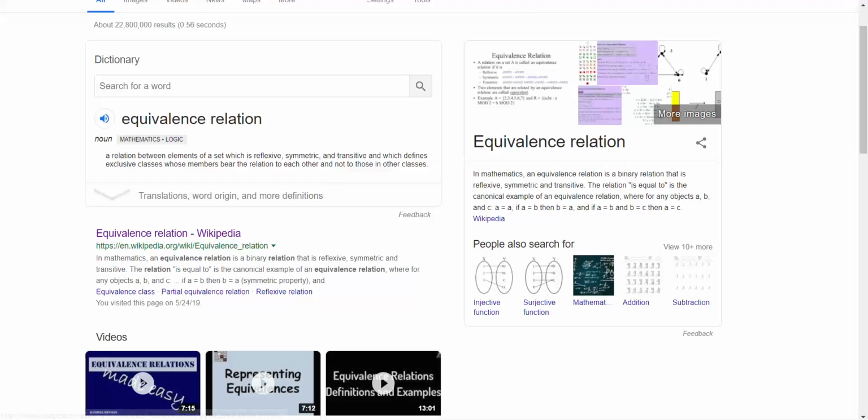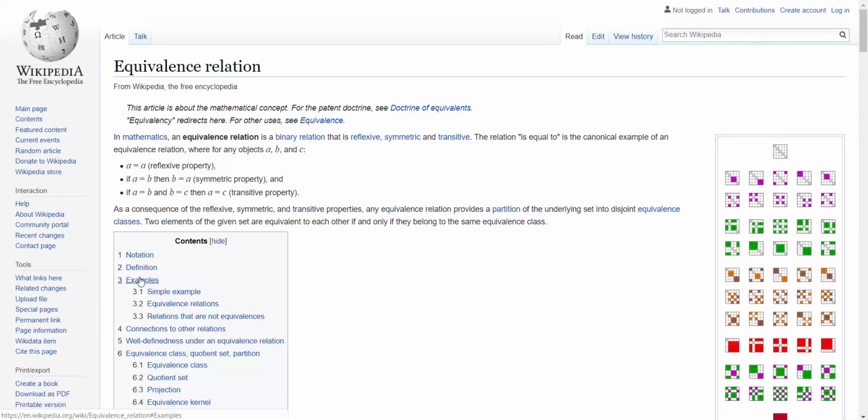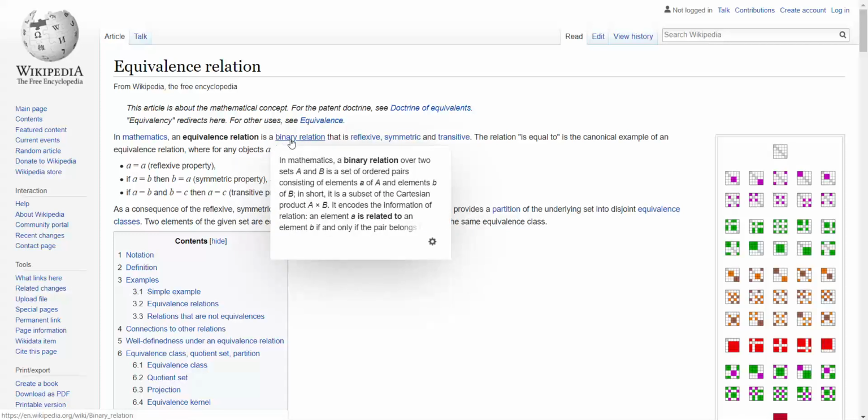Let's see. An equivalence relation is a binary relation. A binary relation between two sets A and B is a set of ordered pairs consisting of elements a of A and elements b of B. In short, it's a subset of the Cartesian product.